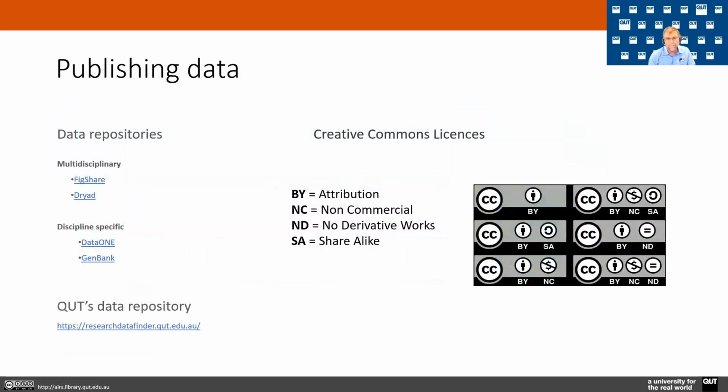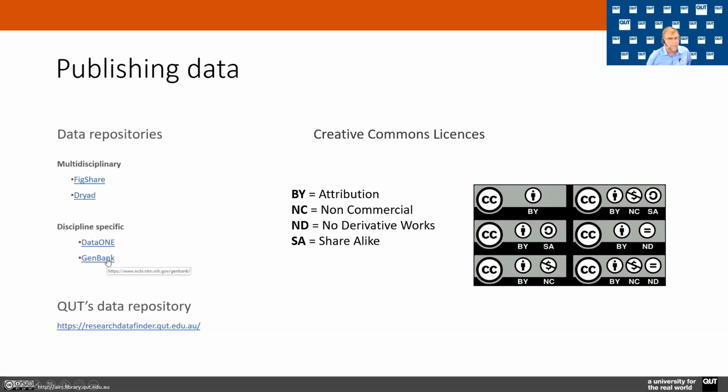Okay. So some examples other than QUT Research Data Finder, which is down here. It's probably your first go-to place. Well, it is your first go-to place, basically. We've been to QUT Research Data Finder there. That's where you'd look to go in the first instance, unless you are doing something highly specific or discipline-based.